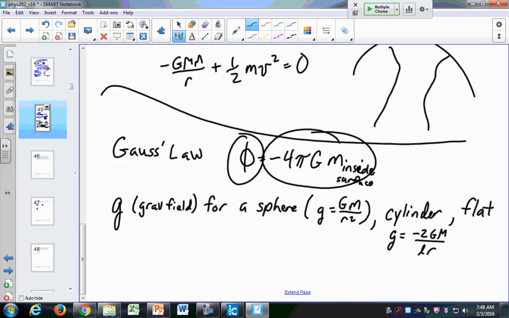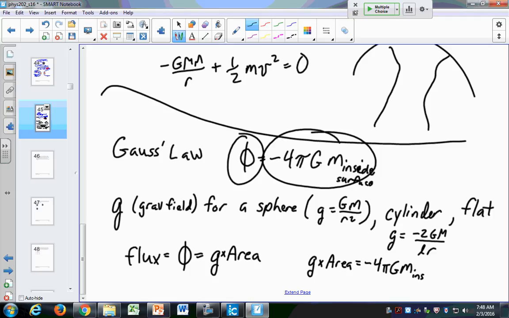So the flux, you remember, or you might not remember, is this phi, and it's equal to the gravitational field times the area. So for each of these, you would just say g times the area is equal to negative 4 pi G times the mass inside your Gaussian surface.